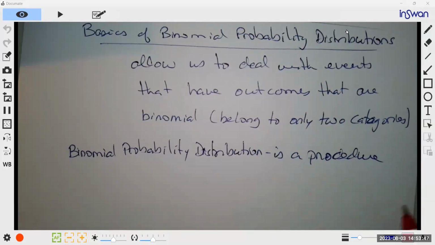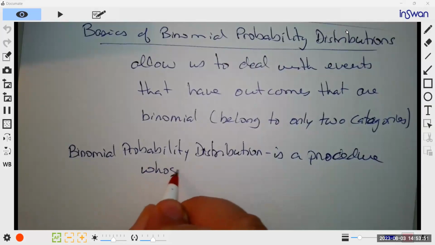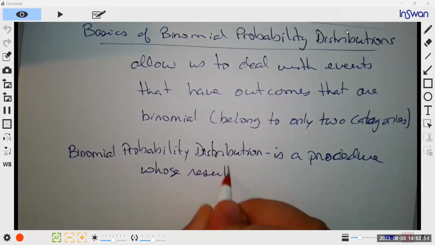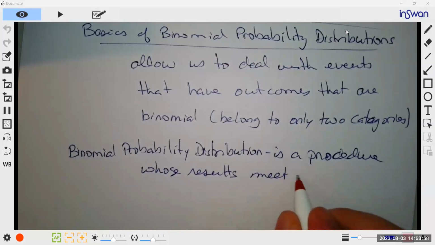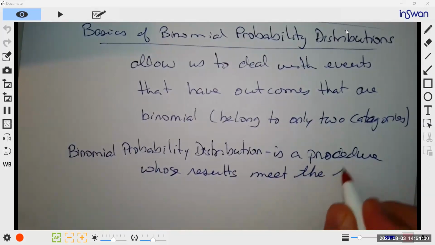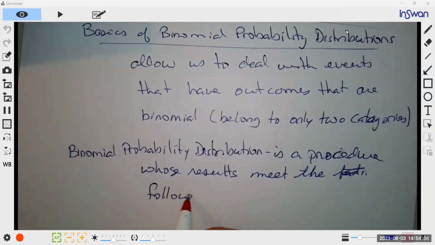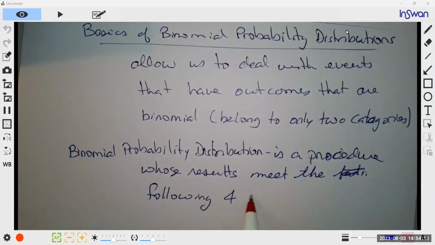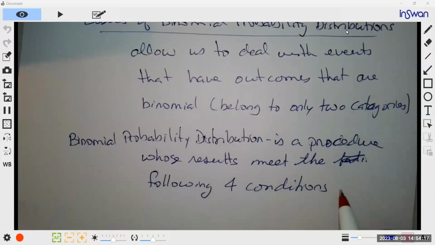It's a procedure whose results meet the following conditions, or requirements.